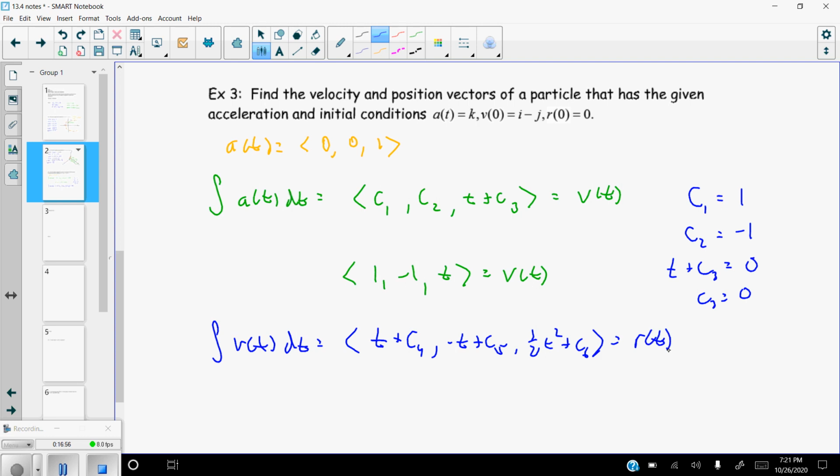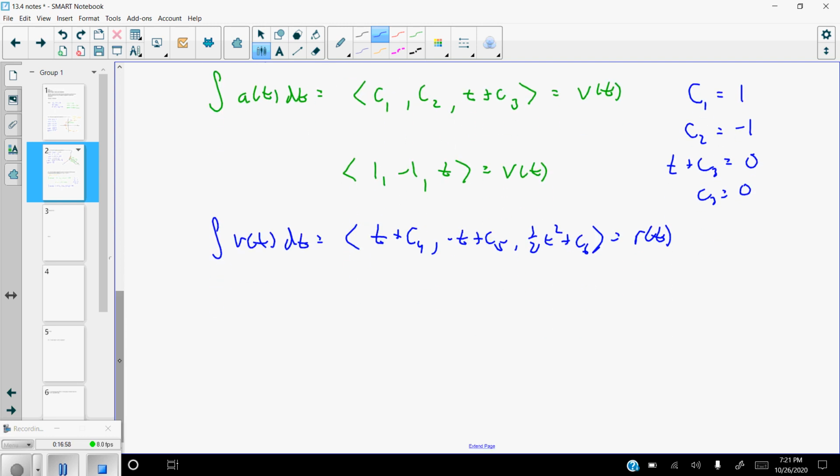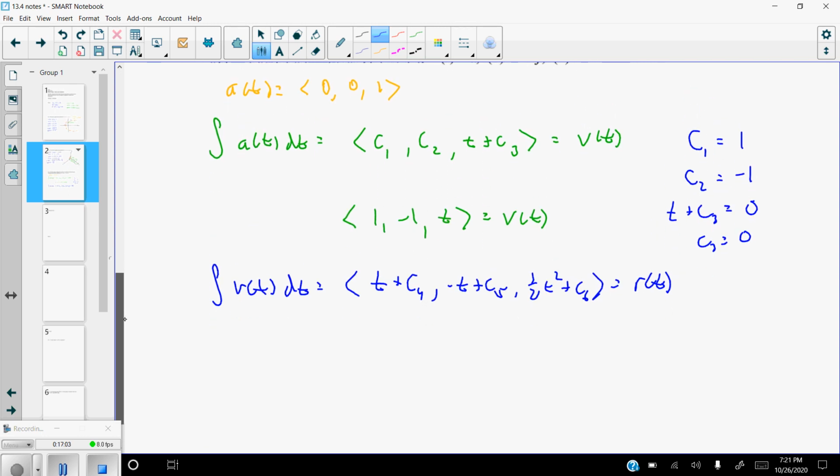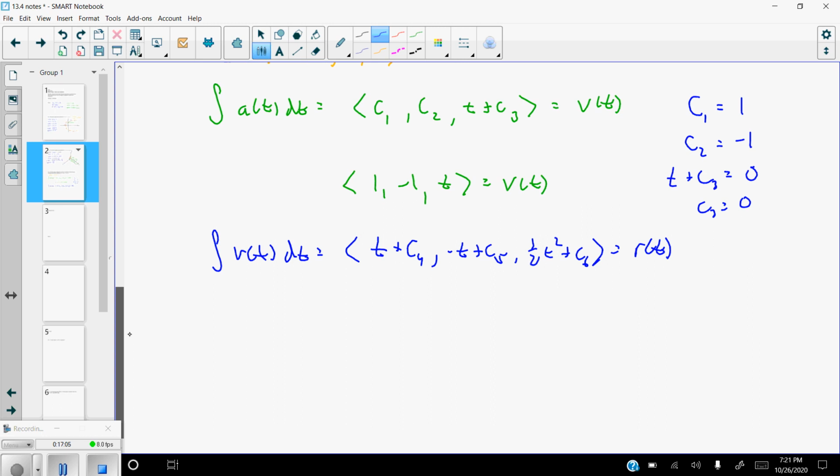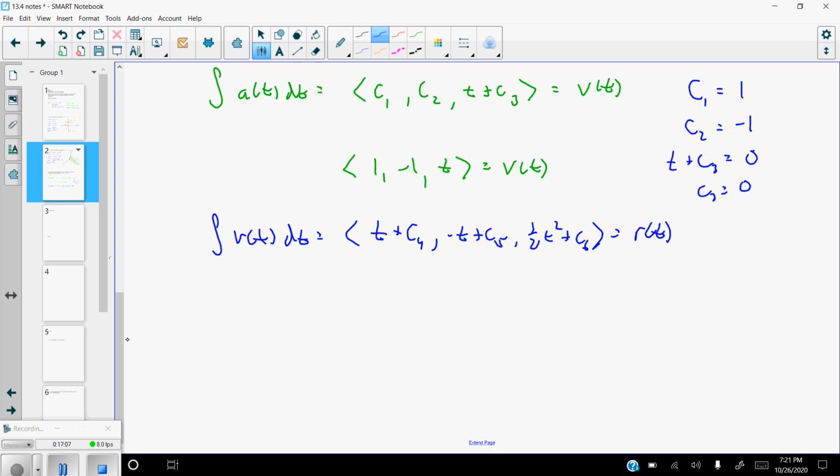But again, we're given some initial conditions, so we can go ahead and figure out the actual position. So let's see. We were given that r of 0 equals 0. So if we want to put this information over here, we know that t plus c4 has to be 0, specifically when t is 0, which means that c4 equals 0.